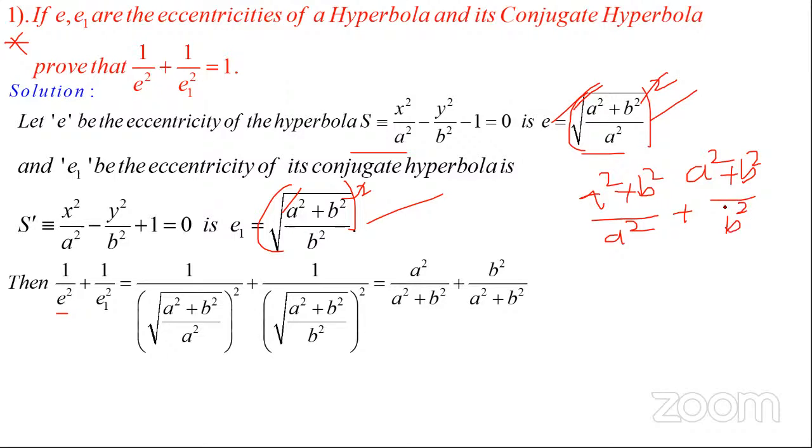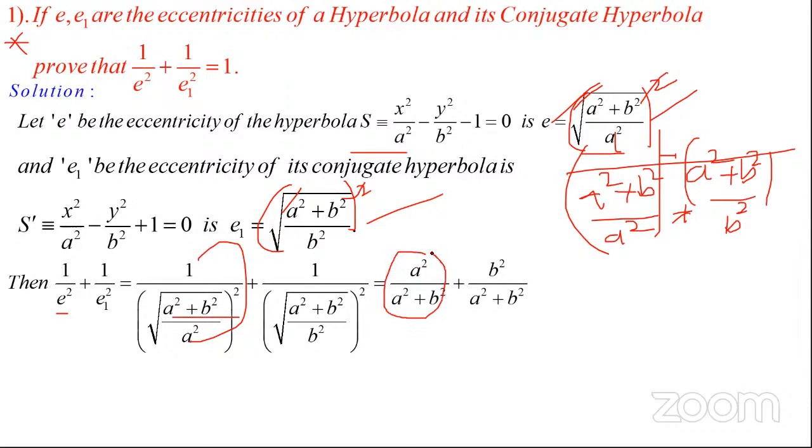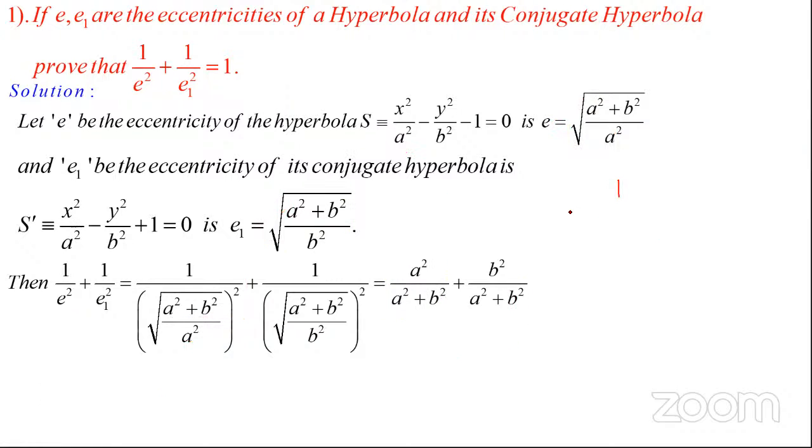So this is 1 by the first value plus 1 by the second value. Here clearly this goes into the numerator and this will be the denominator as it is. Similarly, I will get a square by a square plus b square. So once again, 1 by a square plus b square by a square, I'm taking this to the numerator.